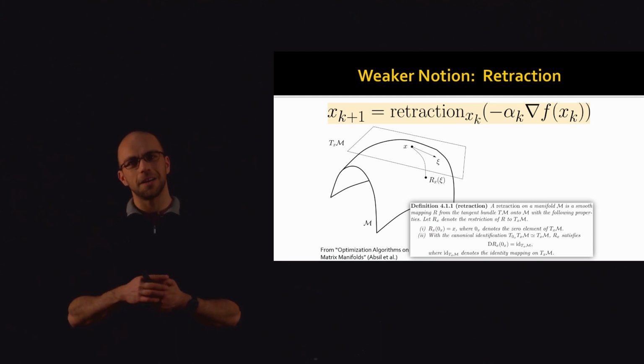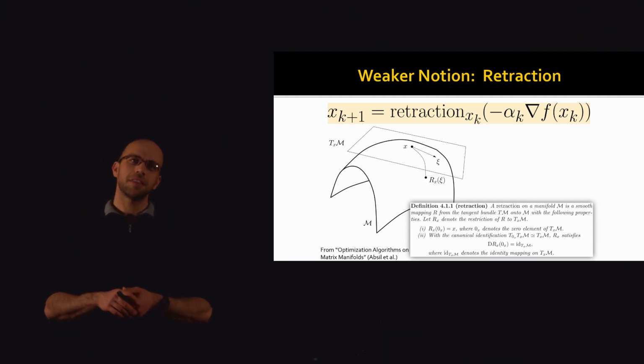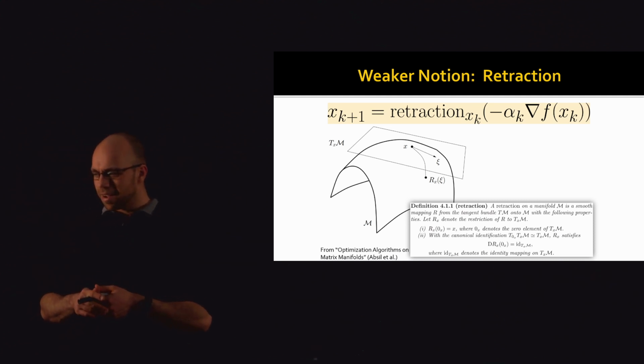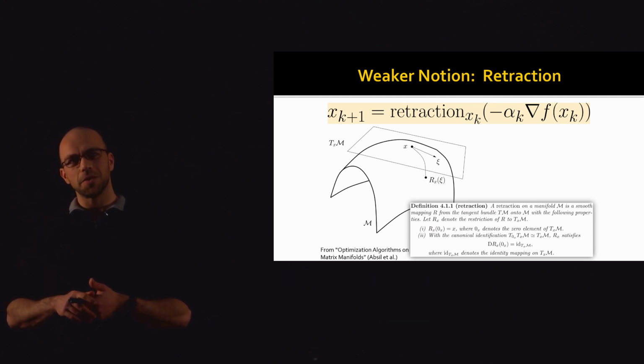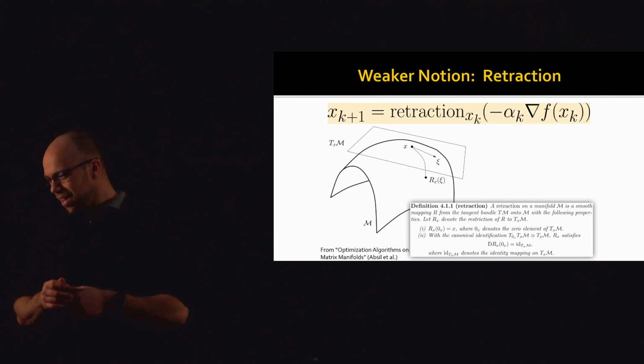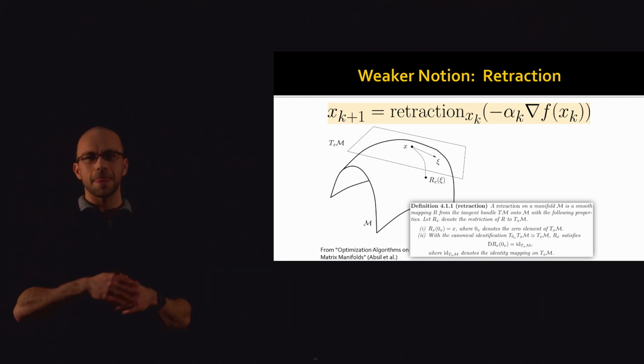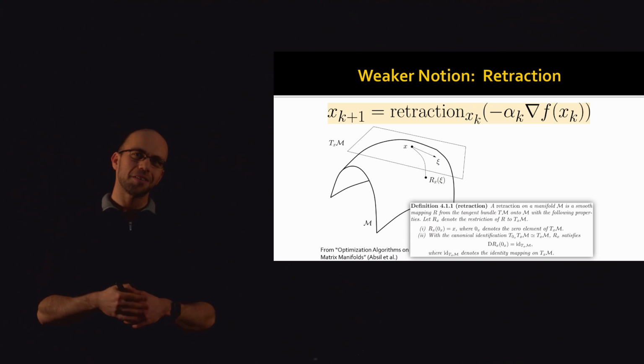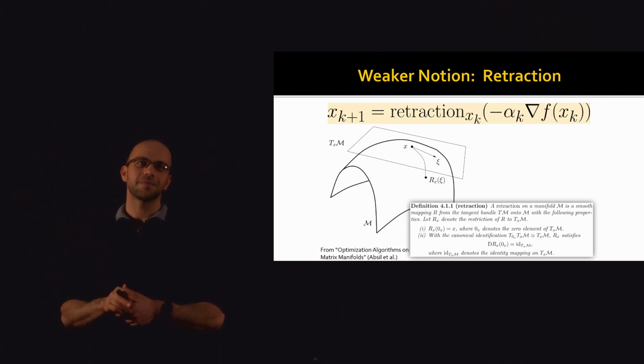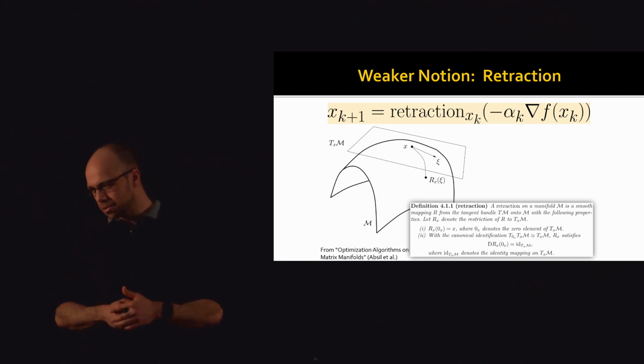to manifold-based gradient descent. And that is that we can replace the exponential map with this weaker object called a retraction. Now, if you take a look at the definition on this slide here, this goes into detail on what a retraction is. If you were to squint at the definition here, you can see that a retraction basically acts very similarly to an exponential map.